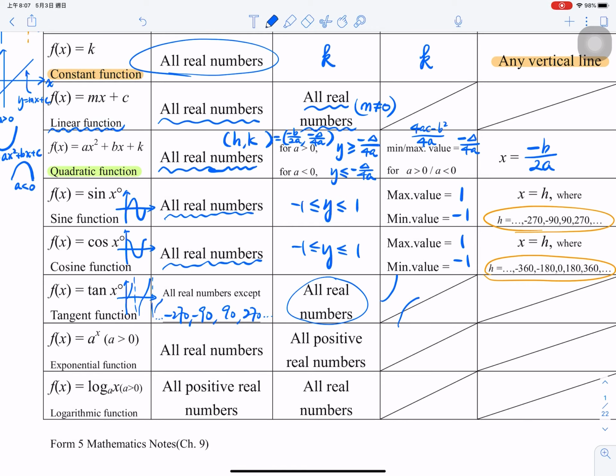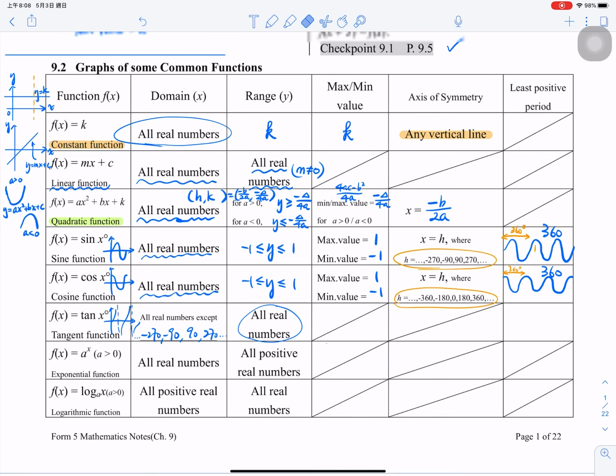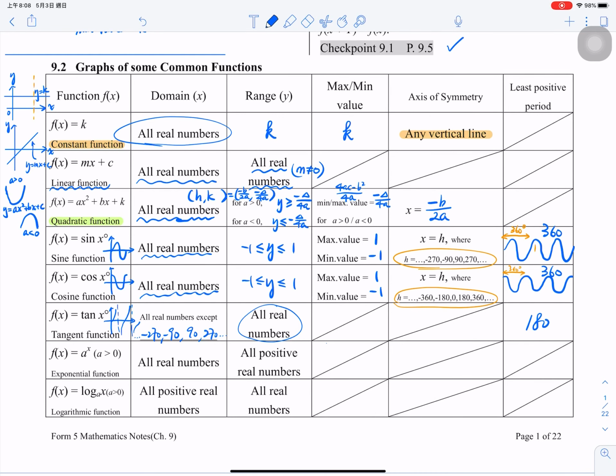So you find that all real numbers is the range. Therefore, no maximum value, no axis of symmetry here. And how about the period? Do you remember? Yeah, 180 degrees. So here is 180.